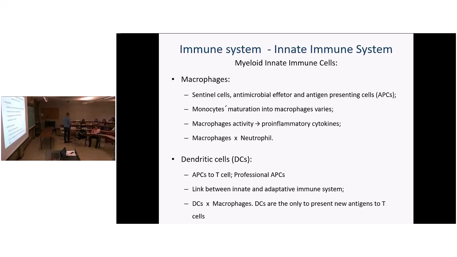Most of the time, you're going to have a certain spot in your body that will be attacked. You're not going to have infection or inflammation in your whole body.